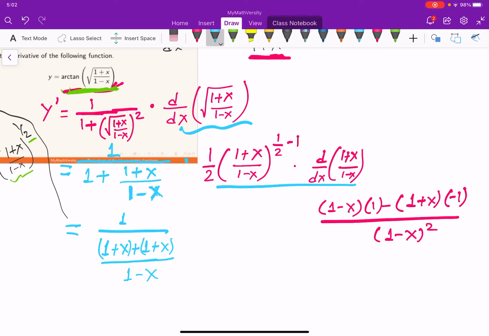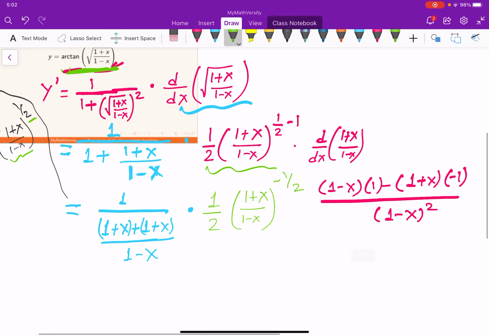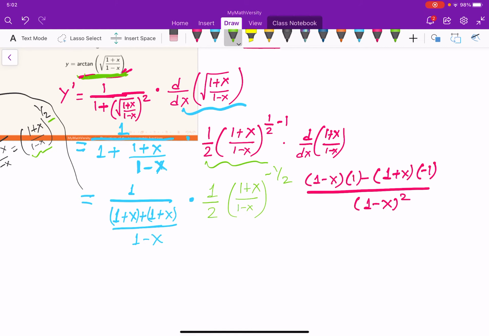Alright, and then times, now we have this expression here, which we need to simplify, which is just 1/2, and then 1 plus x over 1 minus x raised to the power 1/2 minus 1, which will be -1/2, right? Okay, so after this, I hope we are almost done.